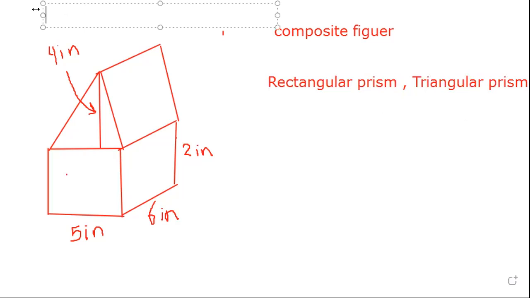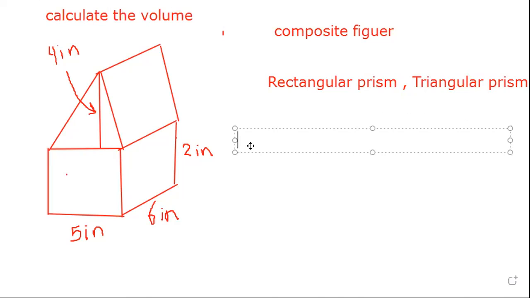The question said calculate the volume. So we have to calculate the volume for each figure. We will start with the rectangular prism. And as we said, the volume of any figure is base area times height.